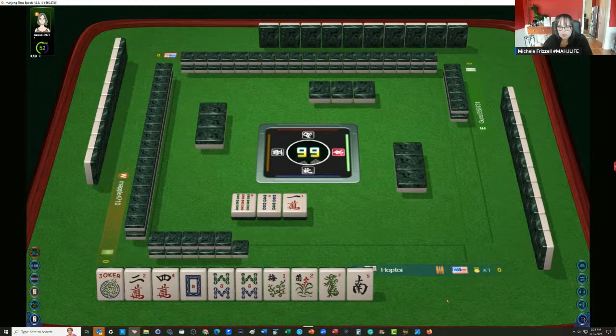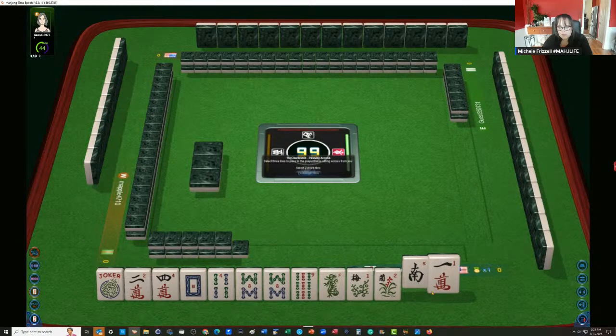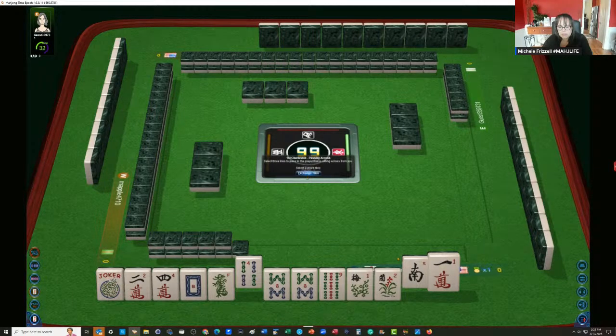There's a 4 and a 9. 9 and a 4. Here's the dragon. Okay, south 1 can go. This dragon really is not helpful by itself. We have an 8, this 4, that can go. We don't need that. I was just thinking 8, 9 dragon, but we have a pair of flowers.